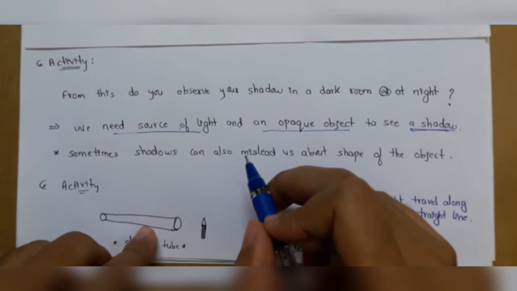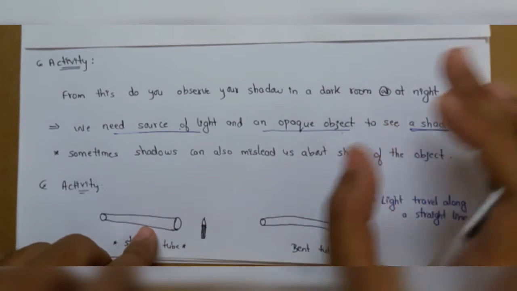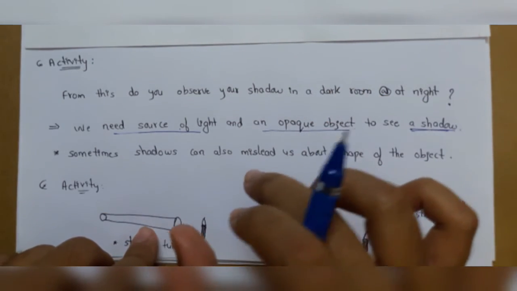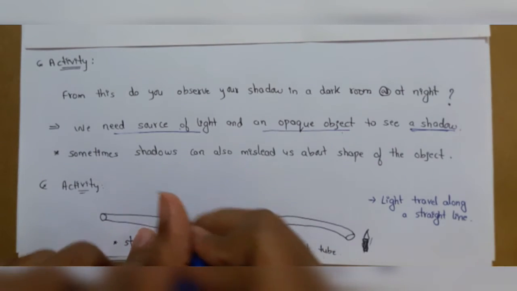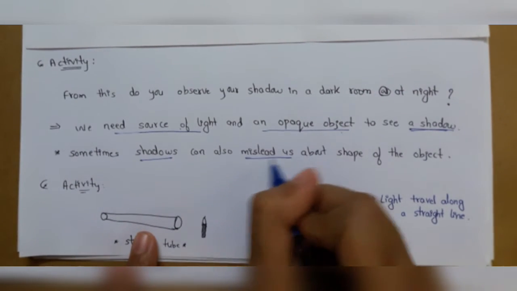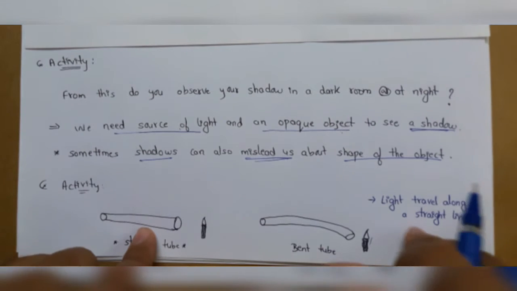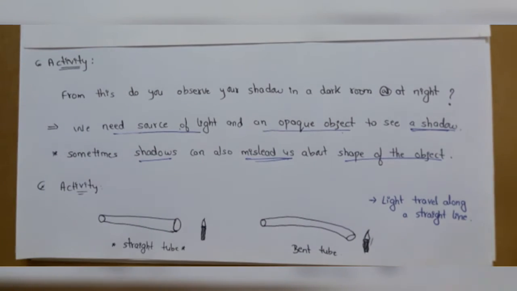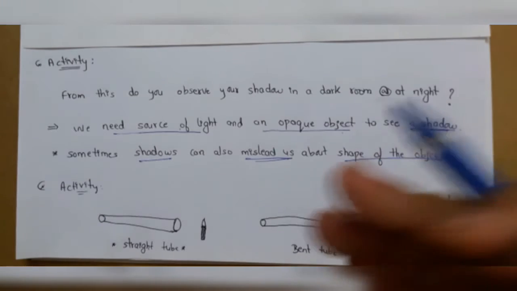So that rope, which is just a rope, you mistake for a snake. So sometimes shadows can mislead us about the shape of the object. Just by seeing the shadows, we cannot always say that the object is that exact object. It may mislead us.